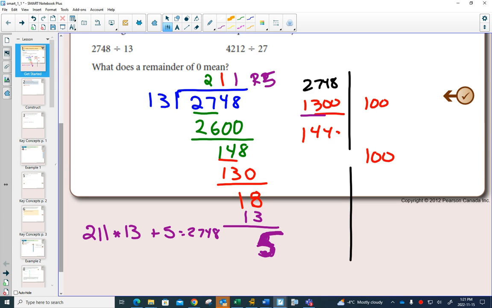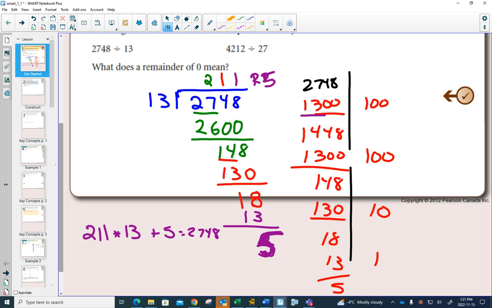I take another 100 13s, then I'd be left with 148. I take 10 13s, then I'd be left with 18. I take one more 13, and then I'd be left with 5. I add up this side, it's 211, remainder 5. It's a different technique.